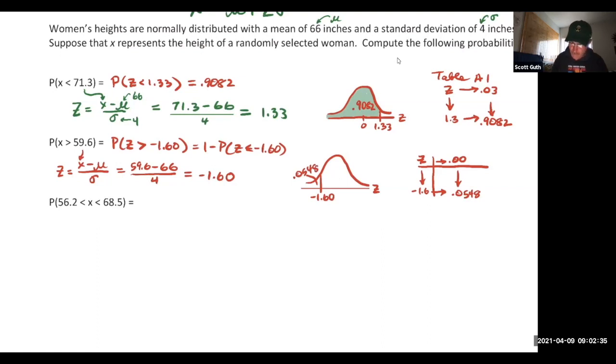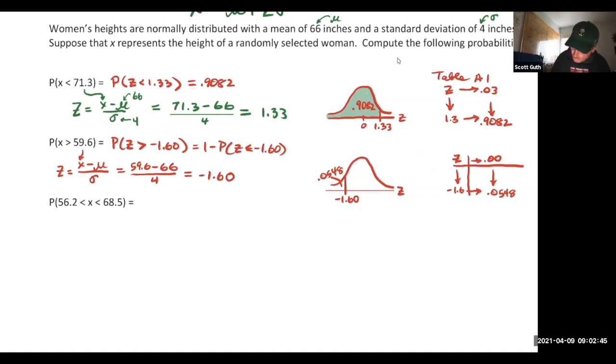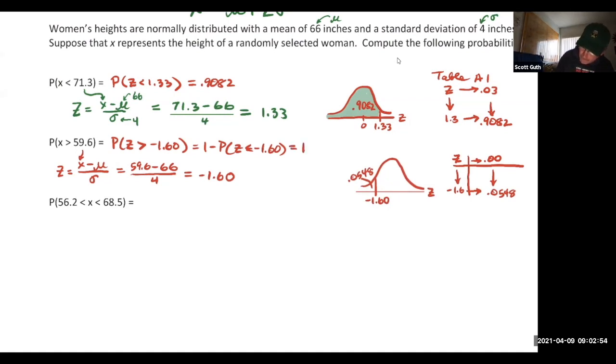But we want the area to the right. I'm going to try and make a little space for this. Okay, so we have to do 1 minus that, 0.0548.